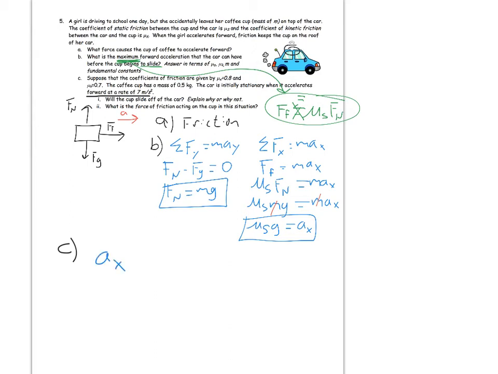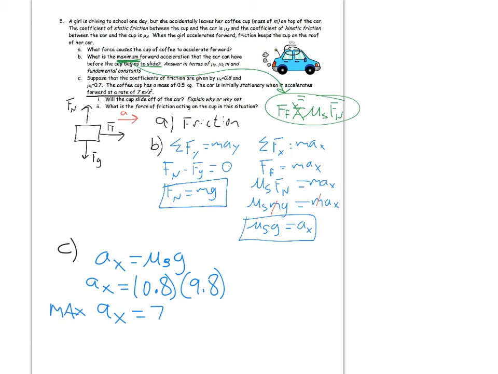The maximum possible acceleration before it slides is simply equal to mu s times g. And so I can find that my maximum possible acceleration is 0.8 times 9.8. I get that my maximum acceleration here is 7.84 meters per second squared.